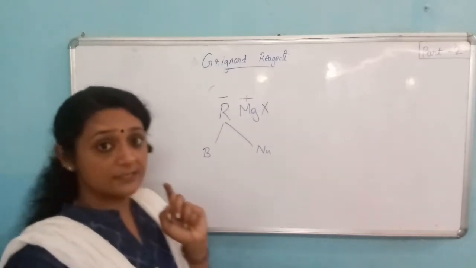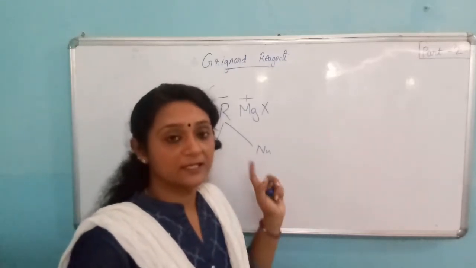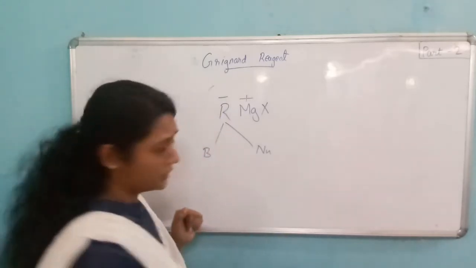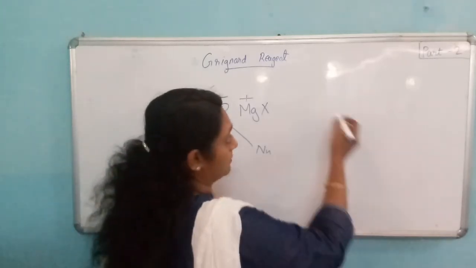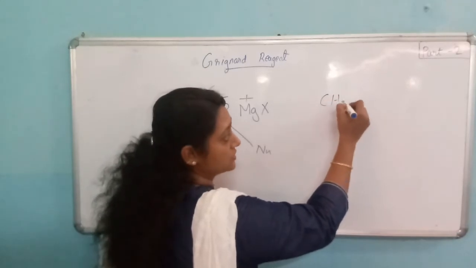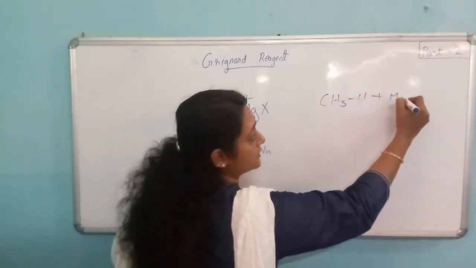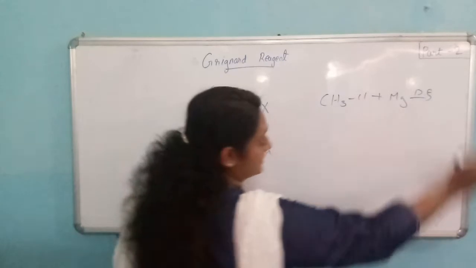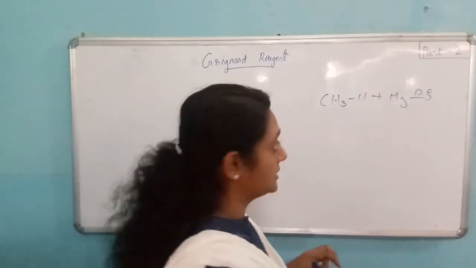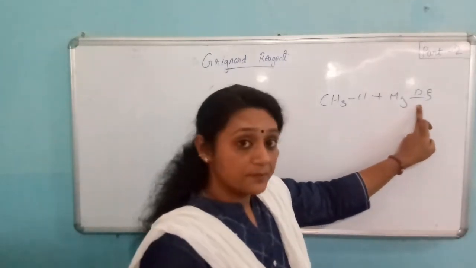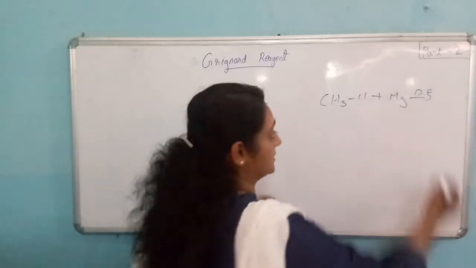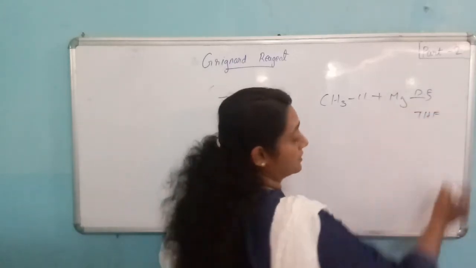Next are the limitations for the formation of Grignard reagent. Normally, Grignard reagents are formed by the reaction of CH3Cl with magnesium in the presence of dry ether. In place of dry ether, we can use THF also. THF is tetrahydrofuran.